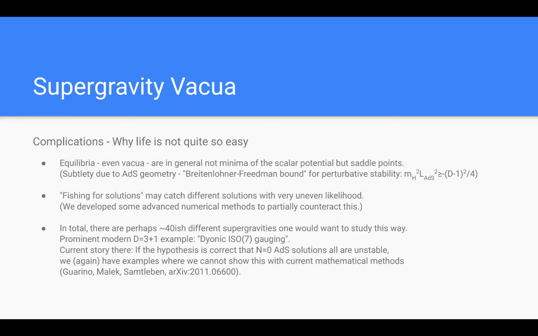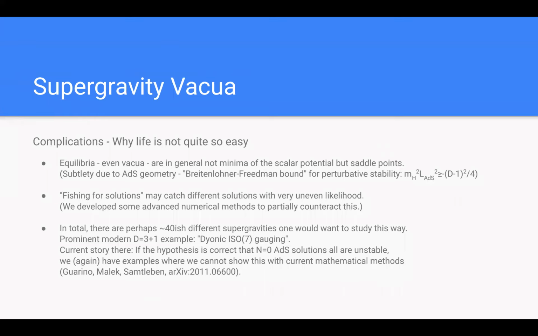The condition for perturbative stability is that the eigenvalues of this Hessian, which are the squared masses of the Higgs bosons, if you want so, must all be above a bound, the Breitenlohner-Freedman bound, which is negative (dimension minus 1) squared over 4, expressed in ADS units, masses expressed in ADS units. So this is generally a nuisance here.